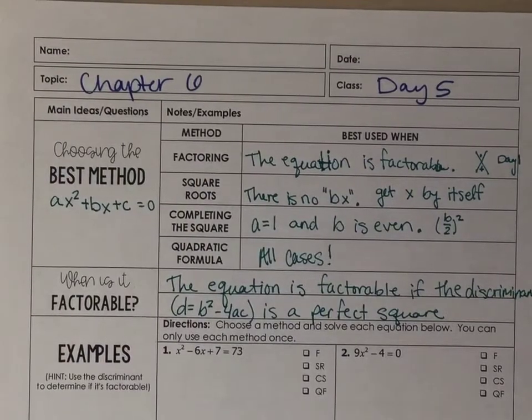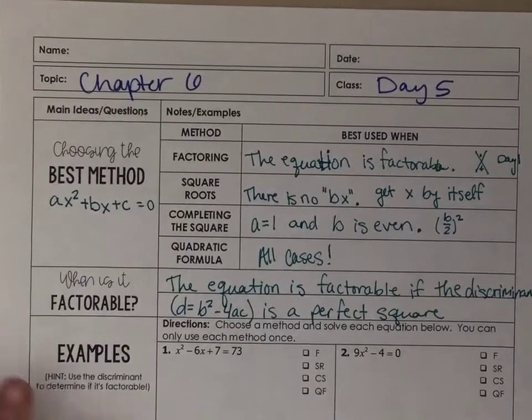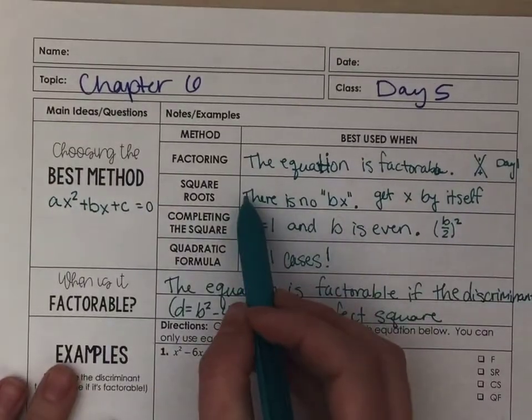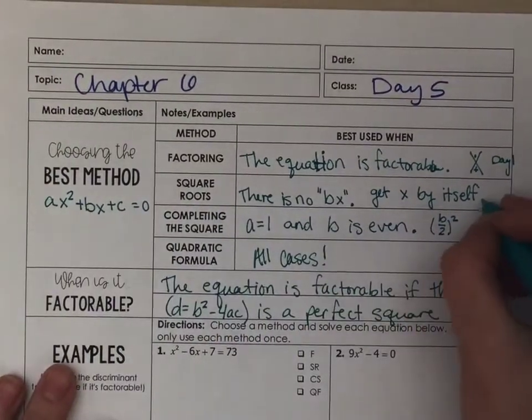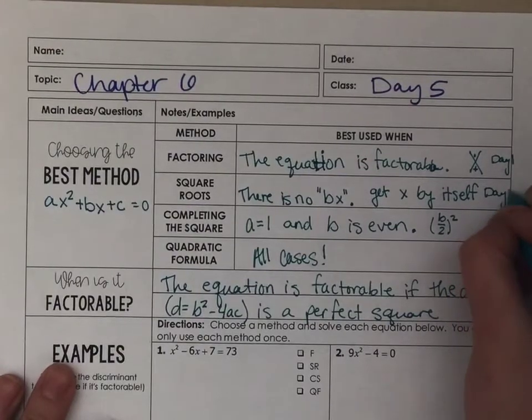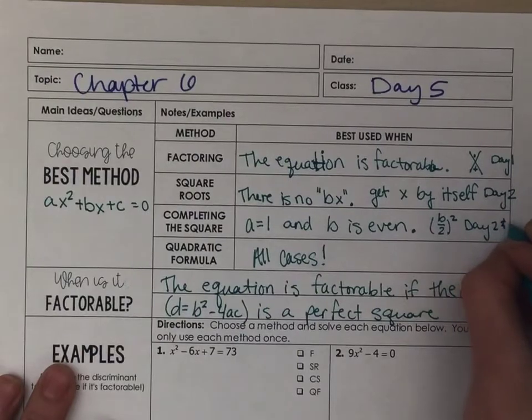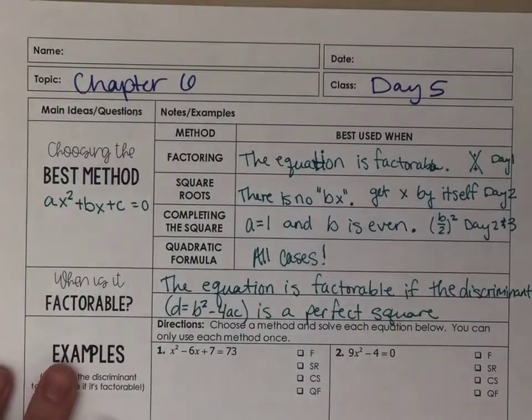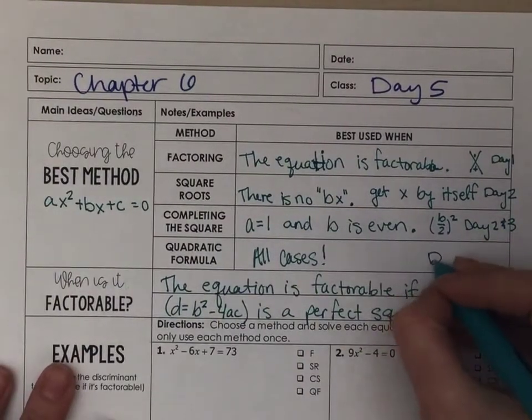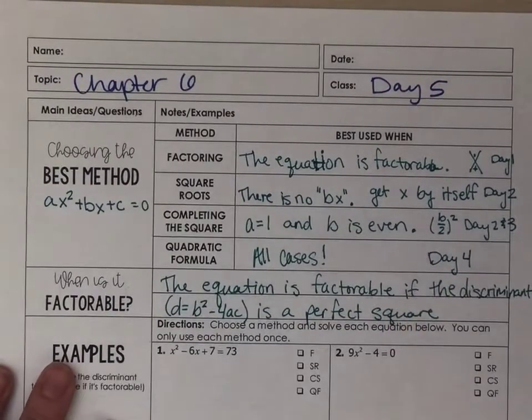Otherwise, though, you might want to look back at some of these other days as well. So I'll fill that in: we talked about square roots and completing the square in day 2. Completing the square was both day 2 and day 3, though. We did that for 2 days. And the quadratic formula was our last day that we did, day 4.